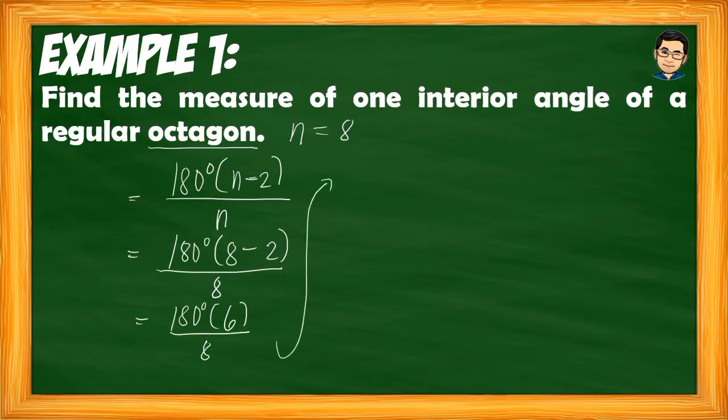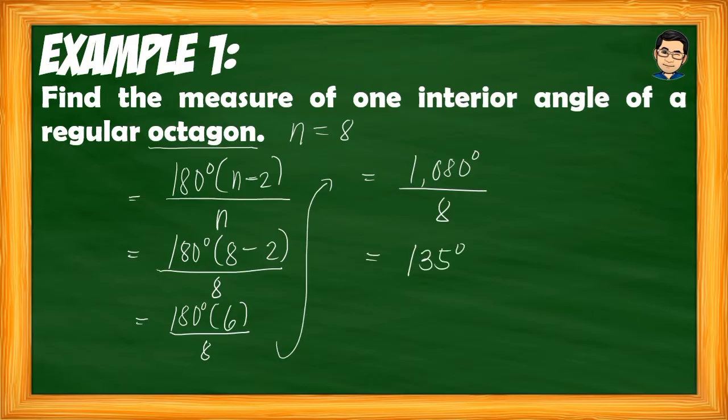Next, we'll multiply 180 degrees by 6, and that is 1080 degrees. Finally, we divide it by 8. So 1080 divided by 8 is equal to 135 degrees.